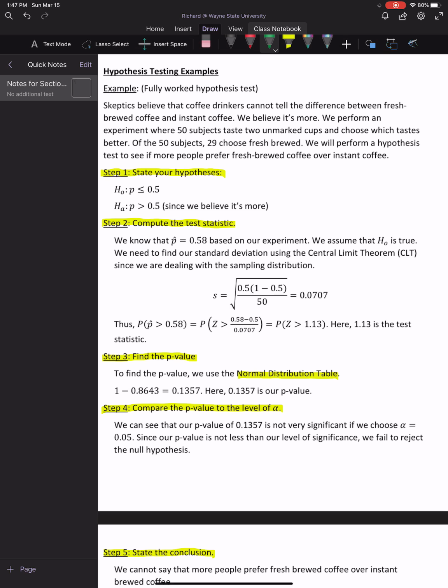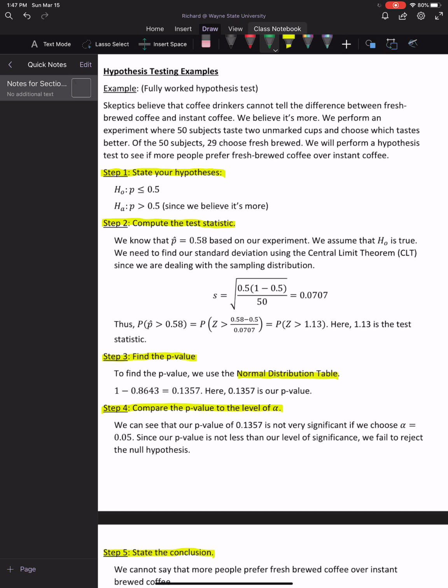There's no majority anywhere. And so that's why in the alternative hypothesis, we take p to be greater than 0.5. This means more people prefer fresh brewed. Getting that 0.5 is sometimes a little bit tricky for people to see, at least in the context of this example, and that's why we're treating it in that way.